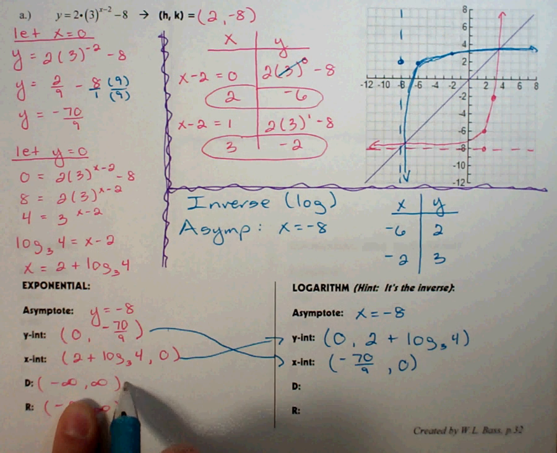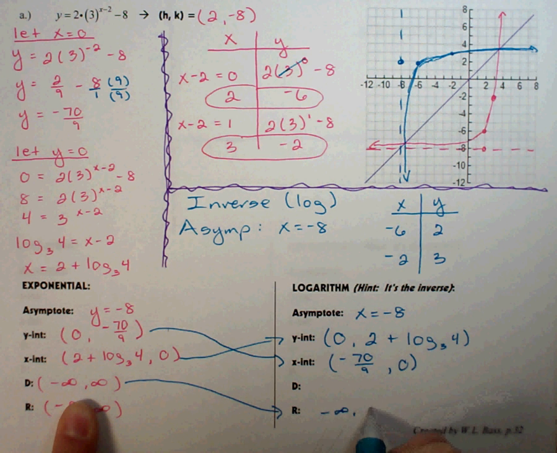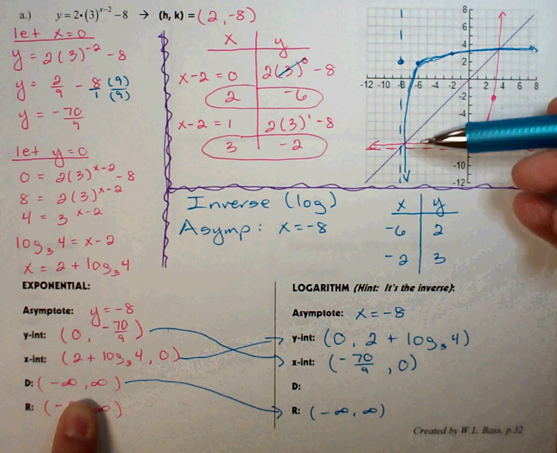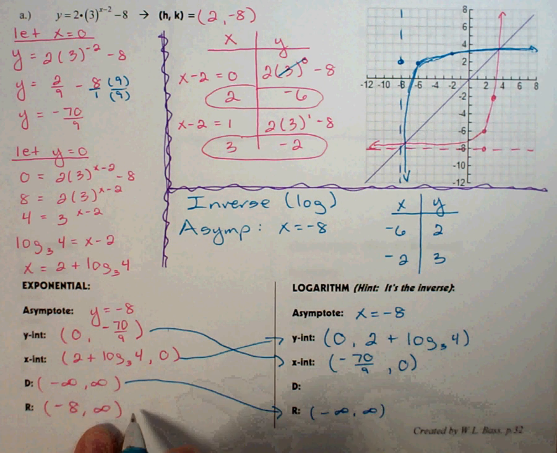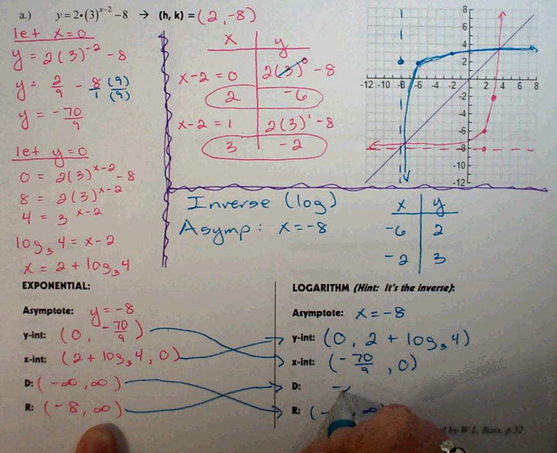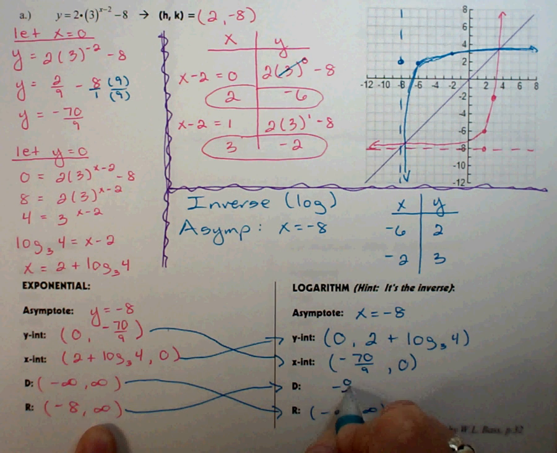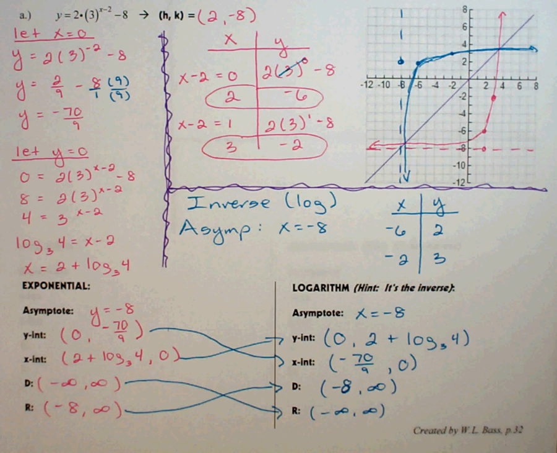My original domain becomes my new range, and if we look at the graph, that makes sense. My range for my logarithmic graph is negative infinity to positive infinity, and I can flip the domain as well. Negative 8 to positive infinity. And that's everything that I need for an exponential graph and its inverse.